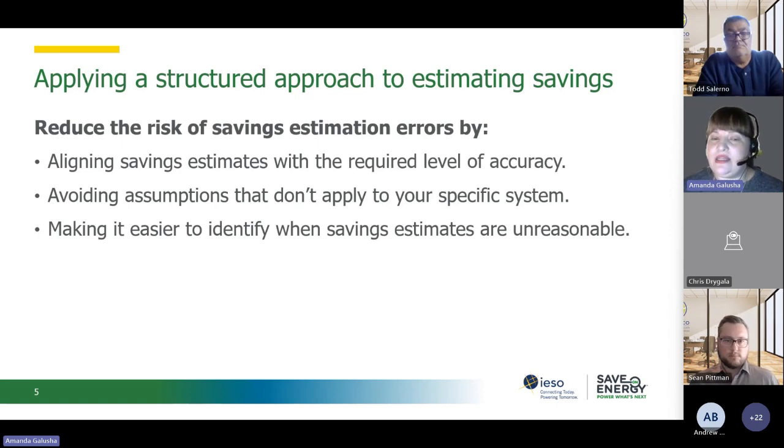To do this, establish clear benchmarks and thresholds for your estimates. Also, trust your gut. If something feels too optimistic or too conservative, take a second look. By following these steps, aligning accuracy levels, avoiding misleading assumptions, and scrutinizing unreasonable estimates, you'll significantly reduce the risk of saving estimation errors, ultimately leading to better project outcomes.